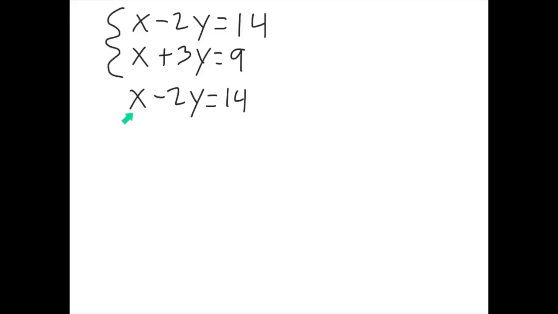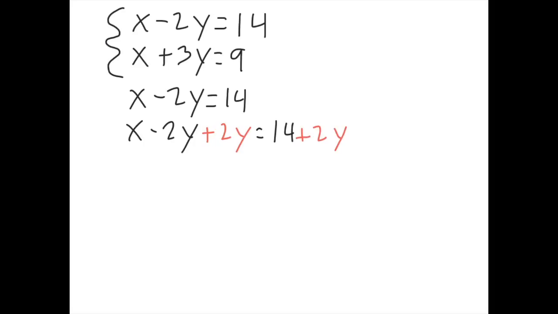Now we want to solve for x, so we want to undo what is happening to x. So if it's minus 2y, we add 2y to both sides. So we say x minus 2y plus 2y equals 14 plus 2y.